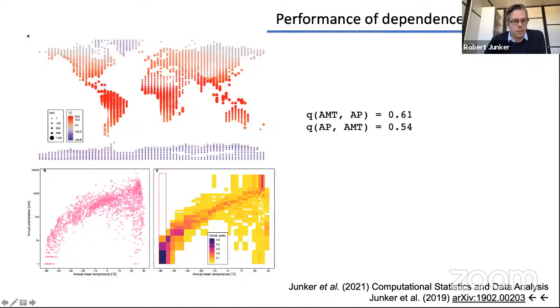You see this is also non-monotonic, so it's asymmetric. And we would be better off determining the annual mean temperature instead of precipitation, because now we can predict the annual precipitation much more accurately than the other way around.